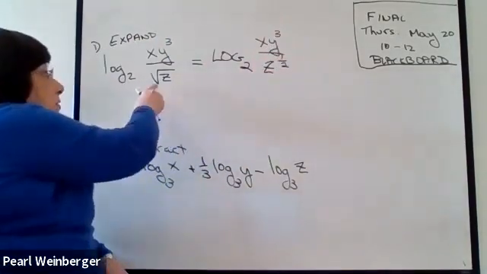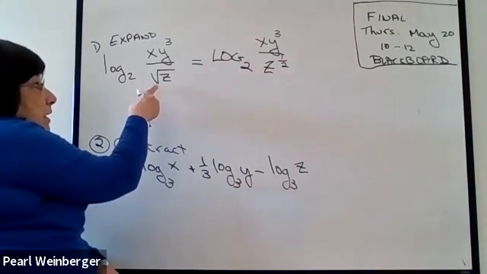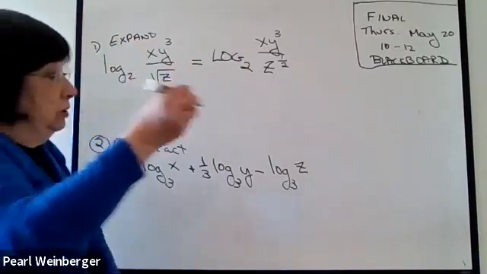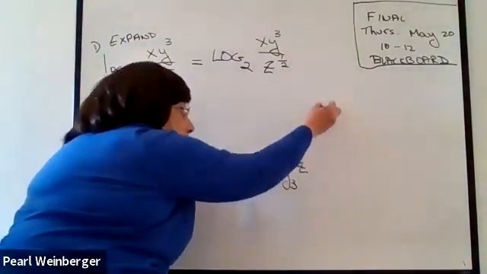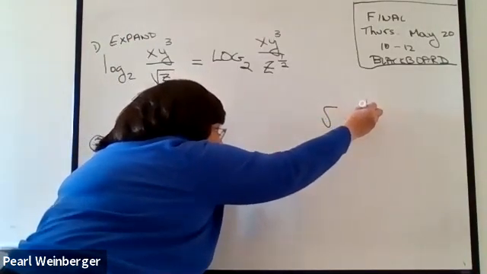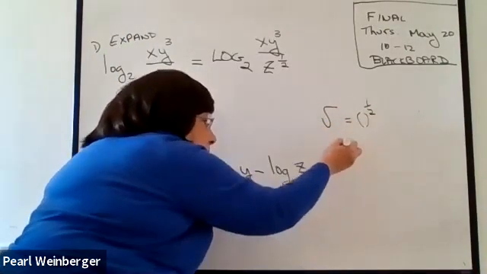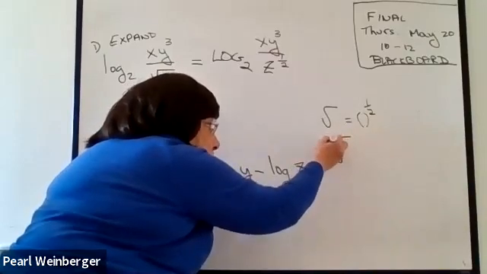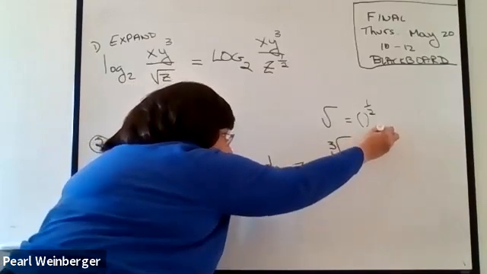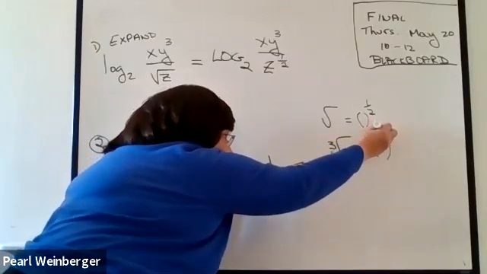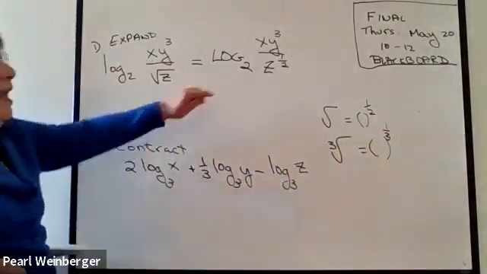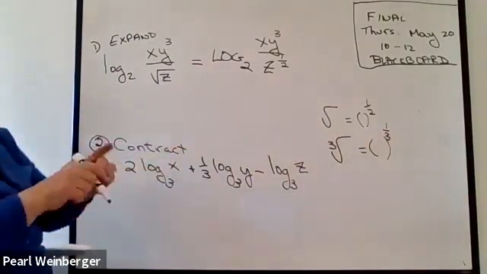The 1/2 exponent and the square root mean the same thing. A cube root, for example, one with the index of 3, is the same as a 1/3 exponent. So we can always write our radicals as exponents.